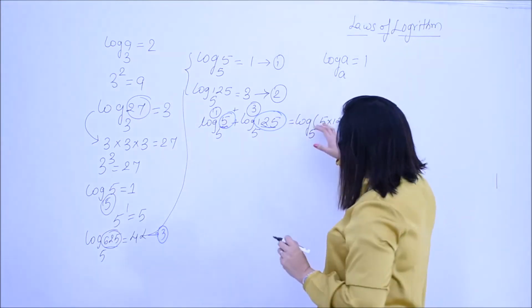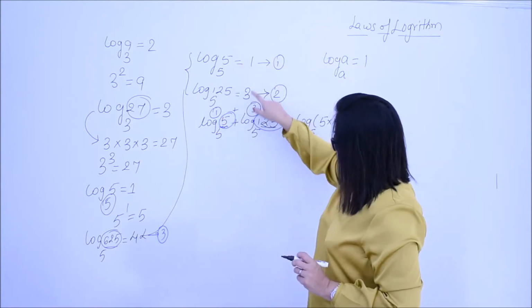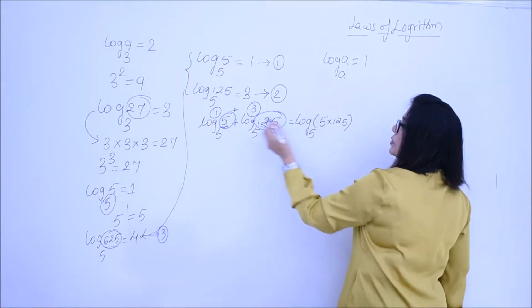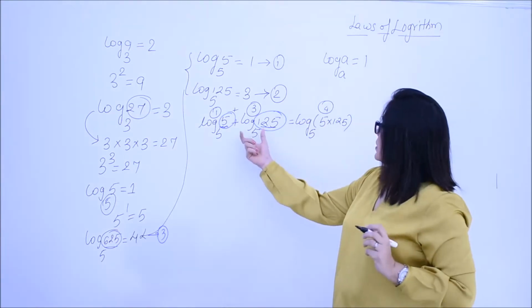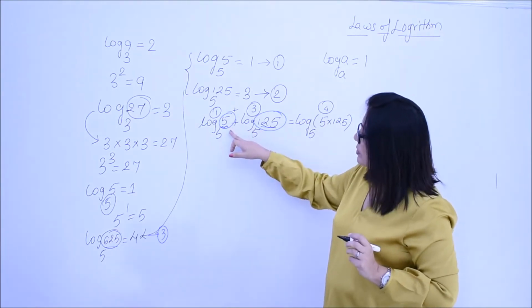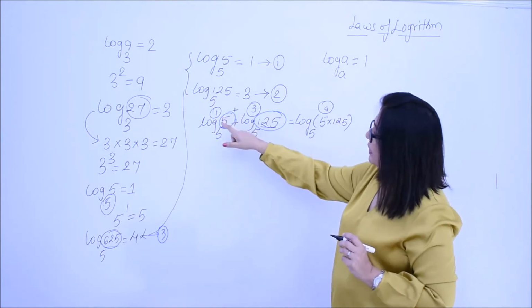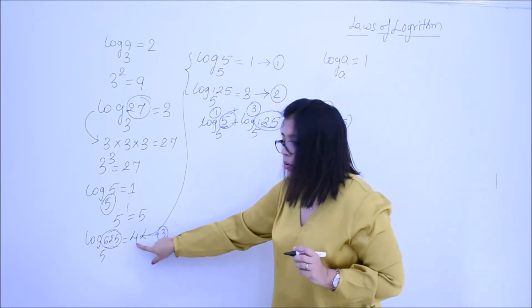Now if you look carefully, this is 1 plus 3 is equal to 4. So 5 raised to, so we can see the relation that when logs are multiplied, they get added. Because if you look at their values, 1 plus 3 is equal to 4.